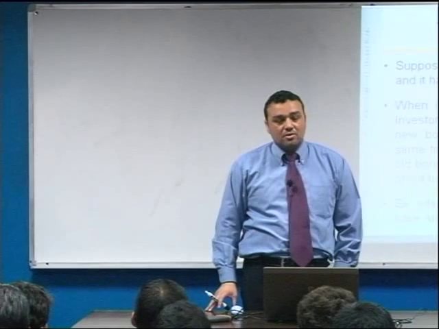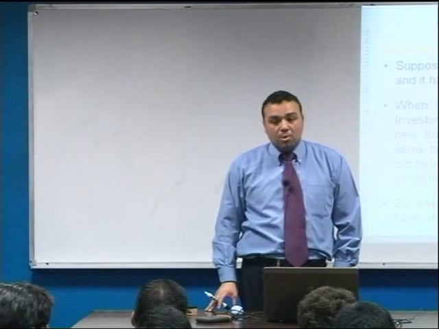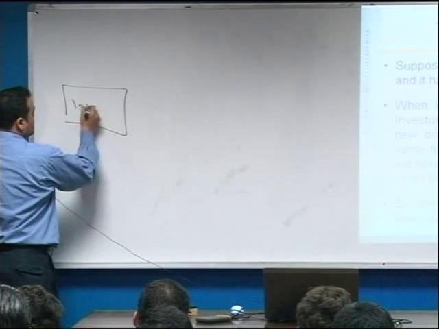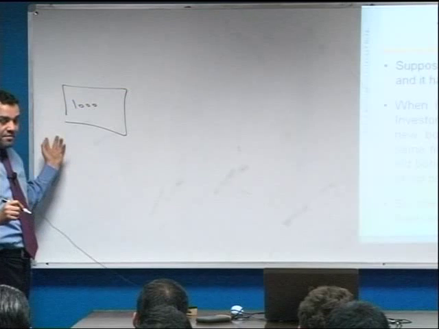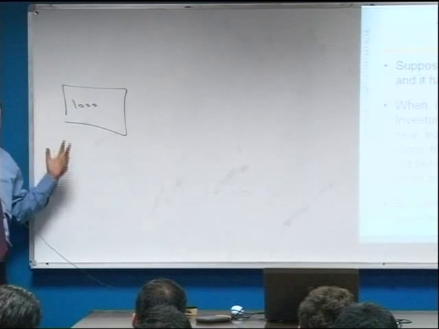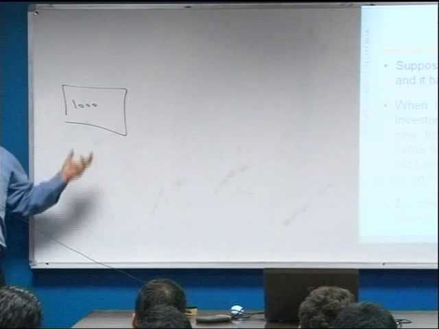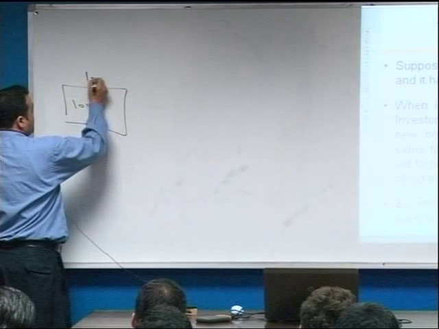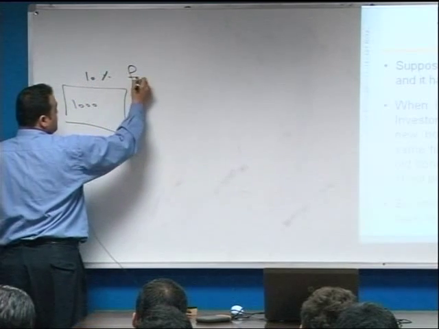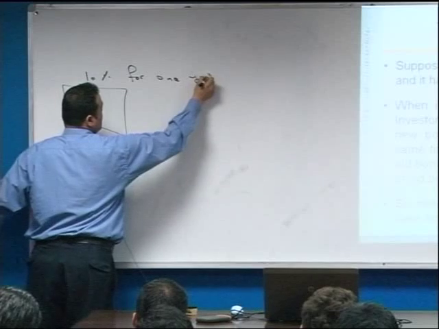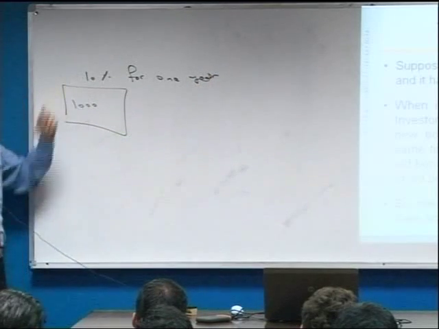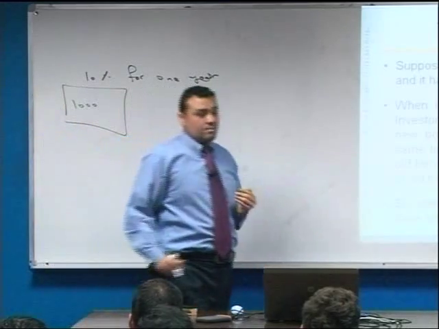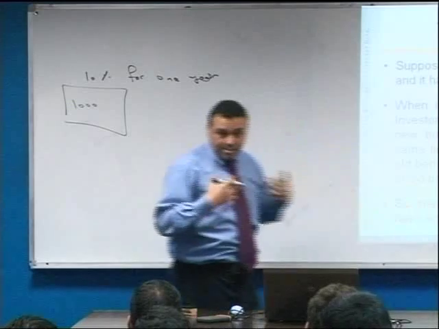To understand the idea and concept, suppose that you have a bond and the value of this bond is $1,000, and you will receive an interest of 10% for 1 year. تاخذ عليه انترست قديش؟ 10%. هذا بدنا نسميه the old bond. هذا البوند القديم اللي معاك.